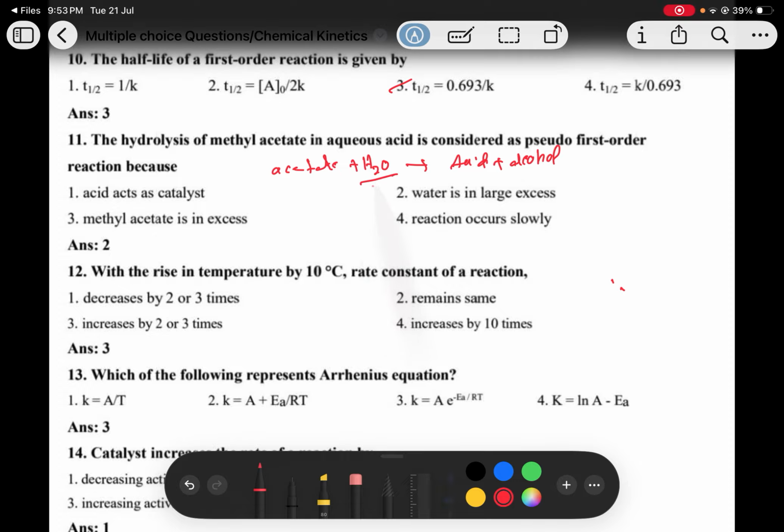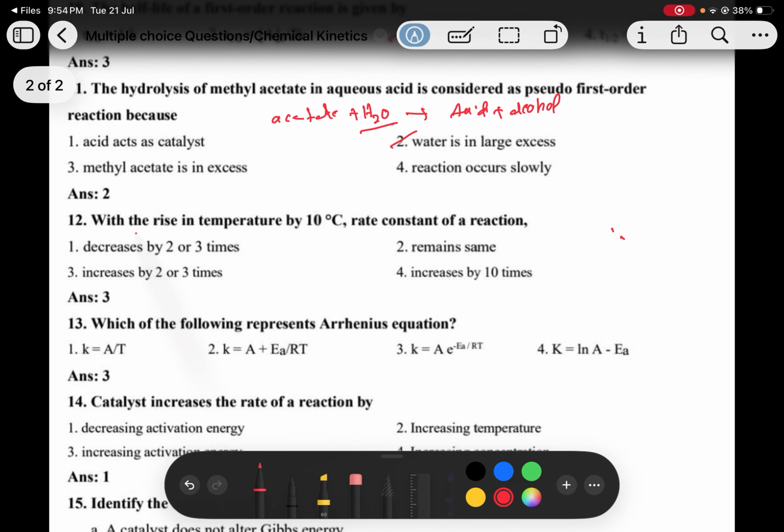Here water is in excess quantity. Acid acts as a catalyst. Water is in large excess. Reaction occurs slowly. Here in this reaction water is present in large excess. So rate of reaction is independent of the concentration of the water. So it is pseudo first order reaction.